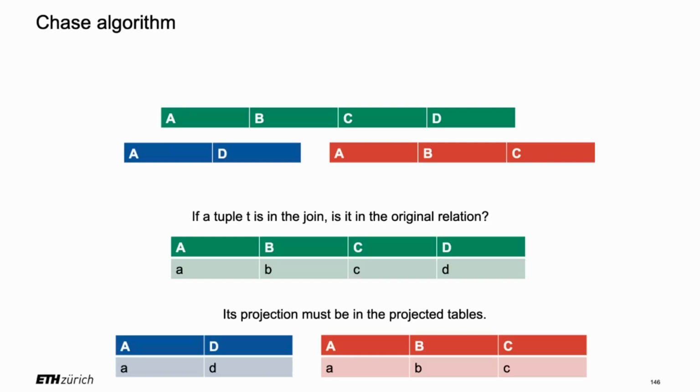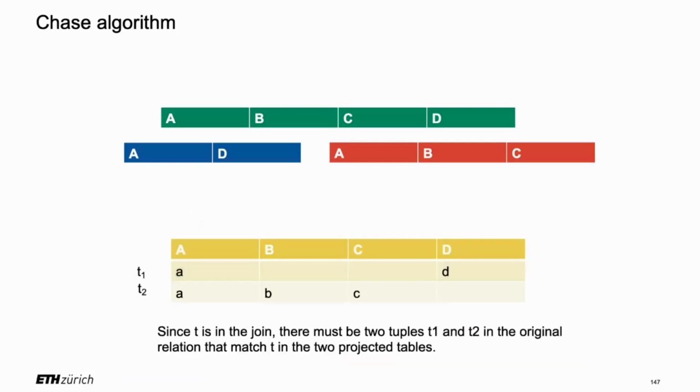But do you remember that these two tables, AD and ABC, how did we get them? We got them as projections from the original table. So it means that because AD belongs to the table on the left, there must have been some tuple in the original table from which it came.